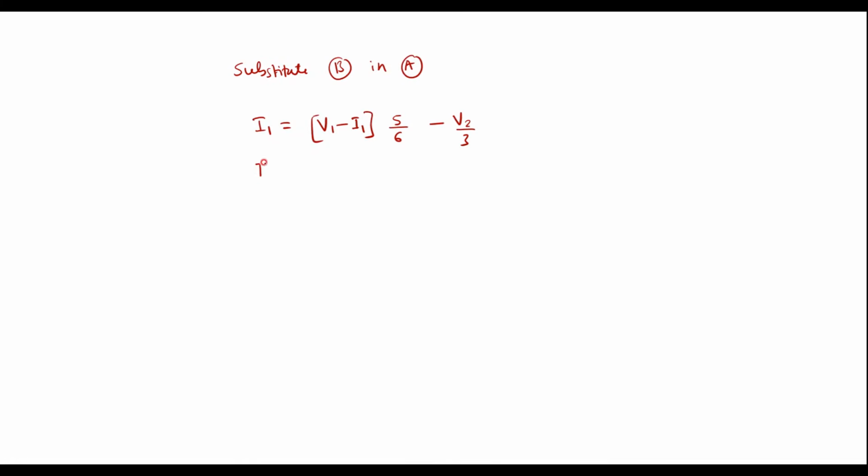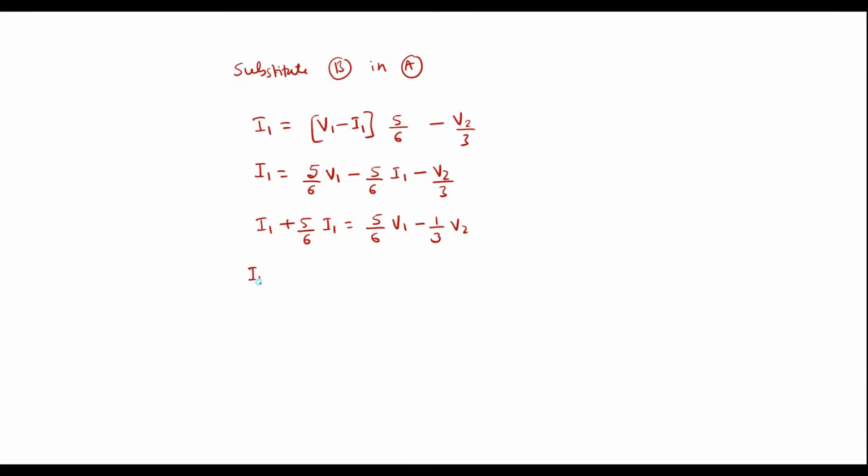I can simplify this as I1 is equal to 5 by 6 V1 minus 5 by 6 I1 minus V2 by 3, or I1 plus 5 by 6 I1 is equal to 5 by 6 V1 minus 1 by 3 V2.